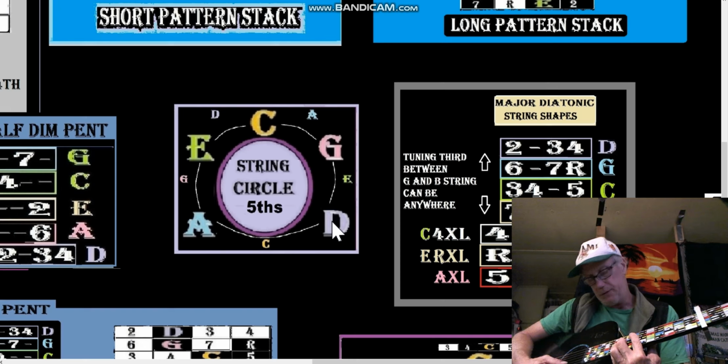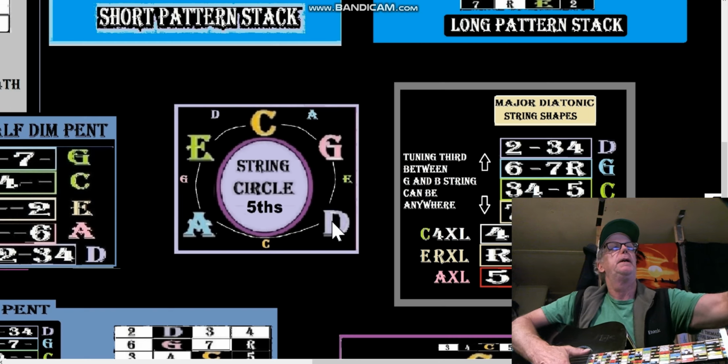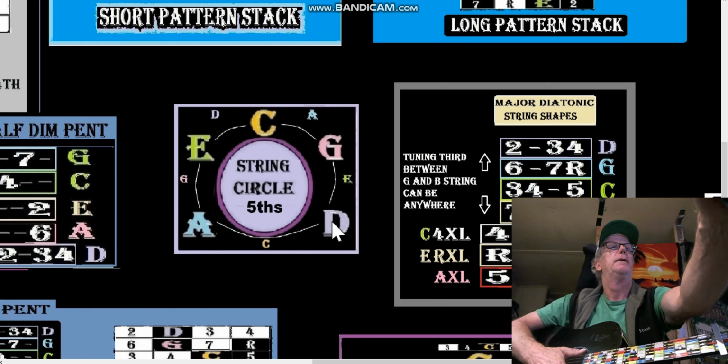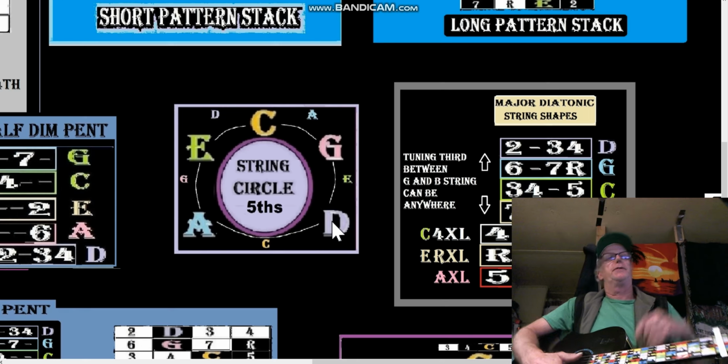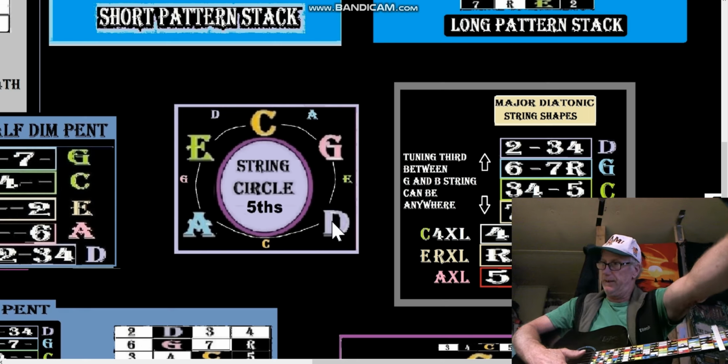So what's the fifth of G? D right there. Okay, that's E, A, and C sharp. E, A, and C sharp, please. That's A. Okay, so obviously the fifth of D is A. Thank you, Andy.